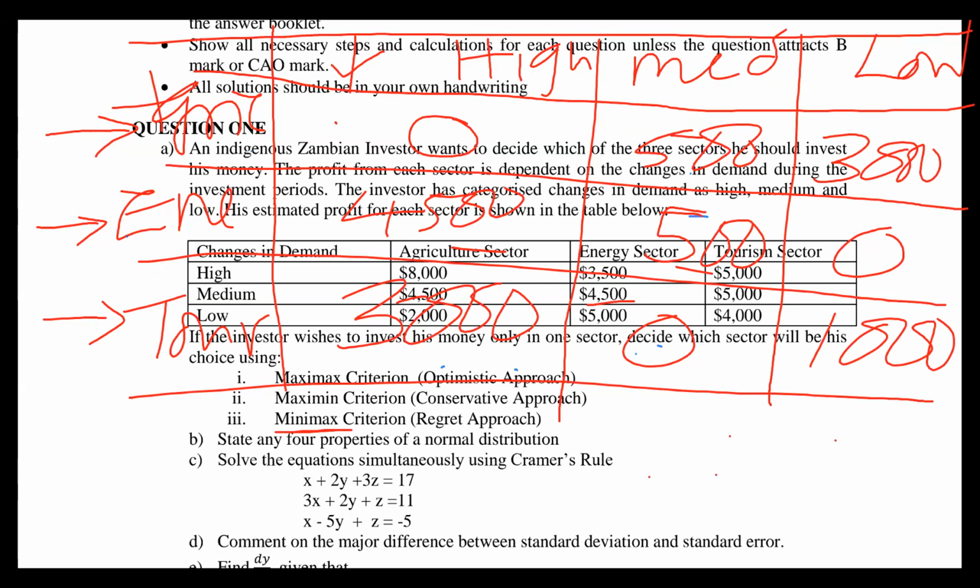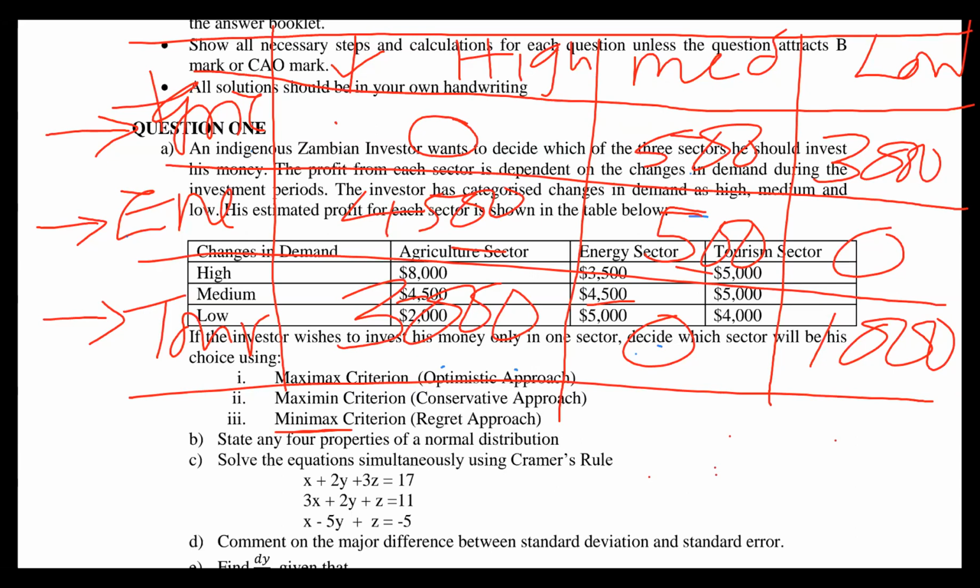So the maximum criterion would definitely be agriculture. Then for max-min, that will be tourism, and the minimum criterion, the least regret approach, would be energy. That's my take.